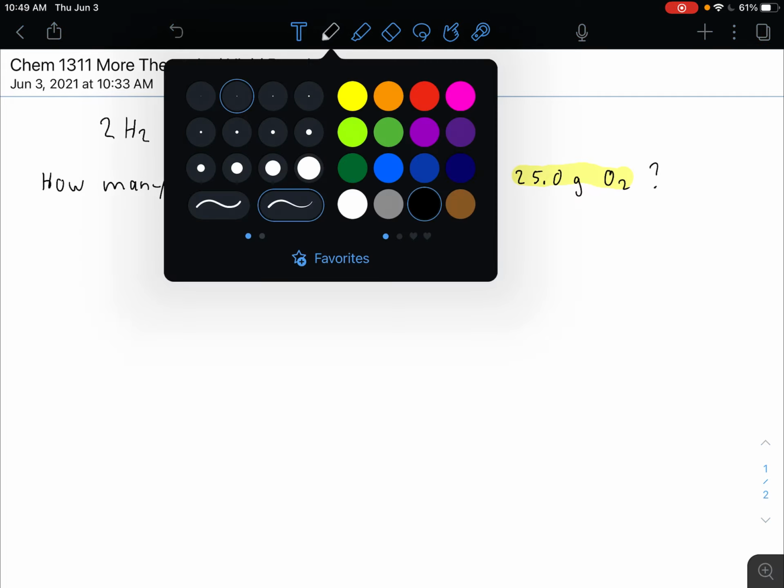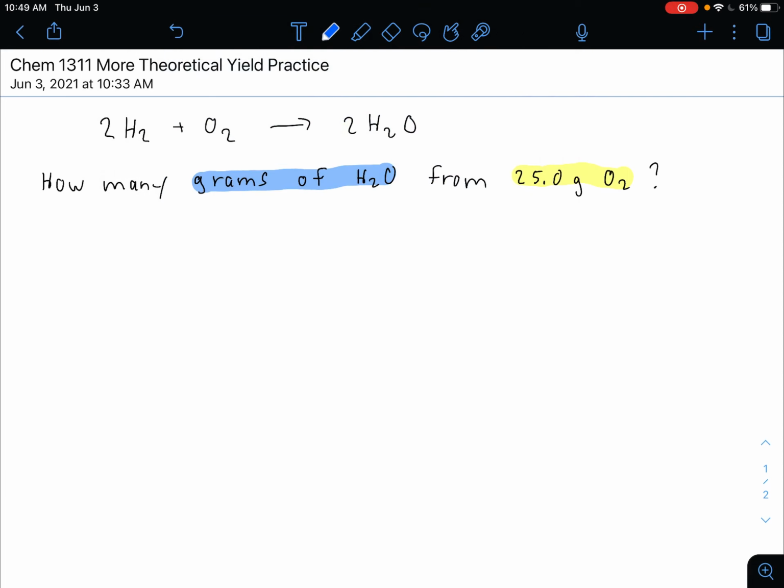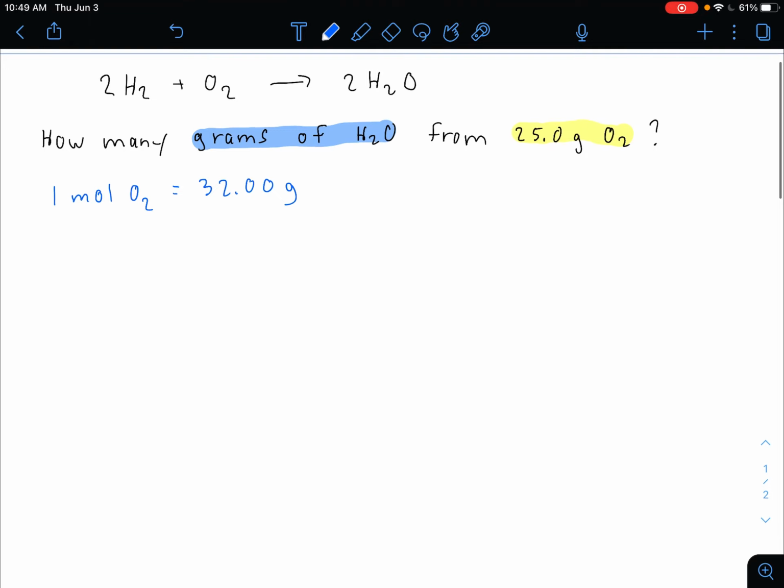So I'll need my molar mass for both O2 and water, right? 1 mole of O2, that's 16.00 for each oxygen, so 32.00 grams, and then 1 mole of H2O, that's 16.00 for the oxygen and 1.01 for each of the hydrogens. So to 2 decimal places, that's 18.02 grams.